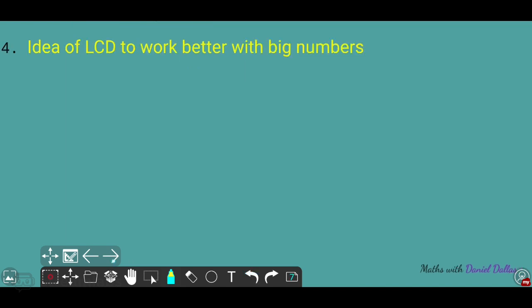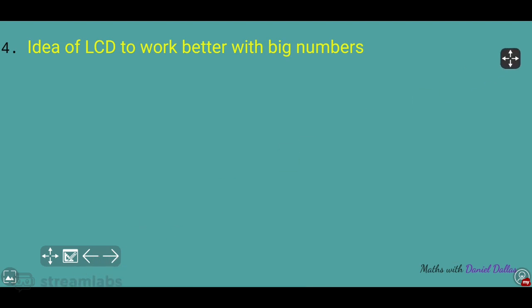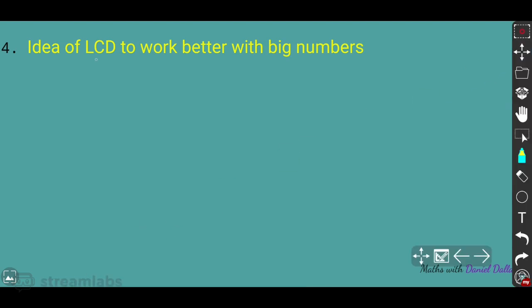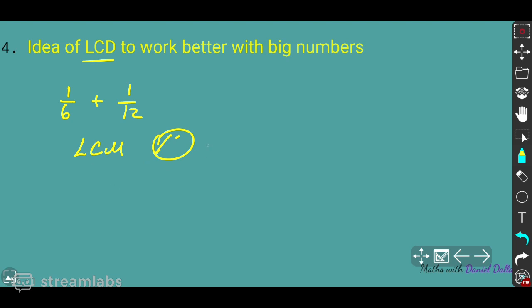Okay, so that's an idea. And let's think, to actually understand what we're doing, that idea of LCD, the lowest common denominator. It's almost there. So LCD for two fractions, let's say 1 over 6 and 1 over 12, is the idea of the lowest common multiple, some number that can be divisible by 6.